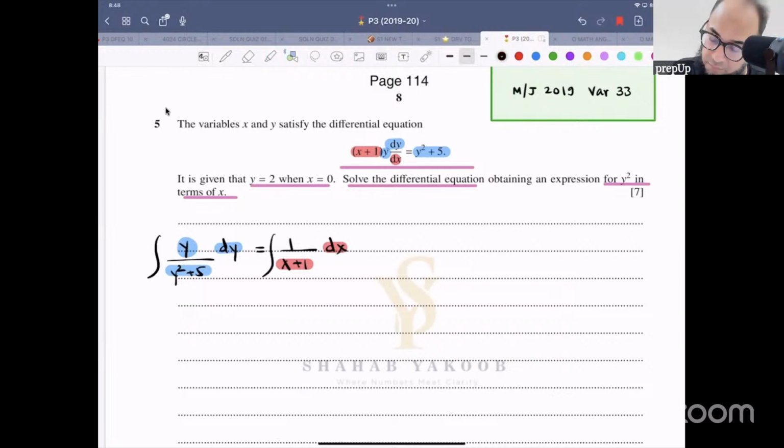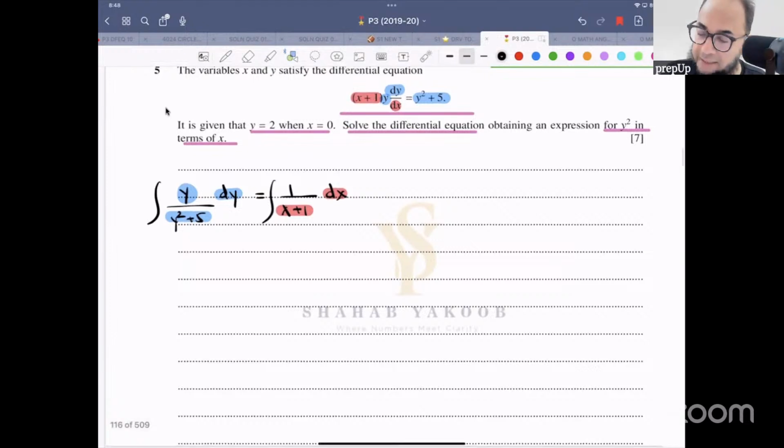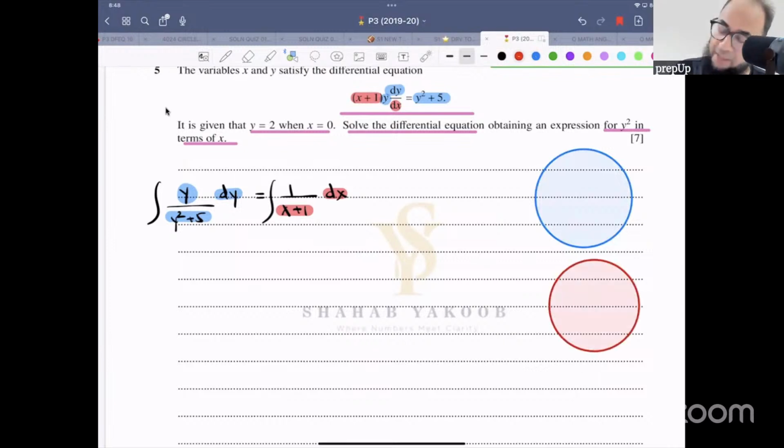Now, the background knowledge that I need is this. The first thing is over here. The second thing is over here. The first thing, that is if the numerator is the derivative of the denominator, then the integral is ln of the denominator. It's better that we write a modulus sign.